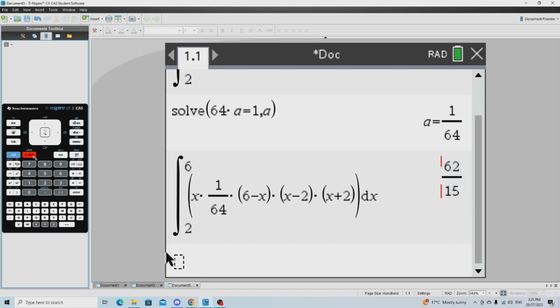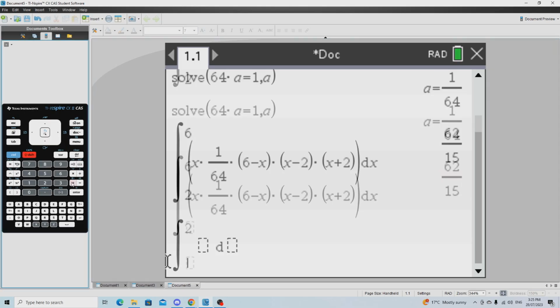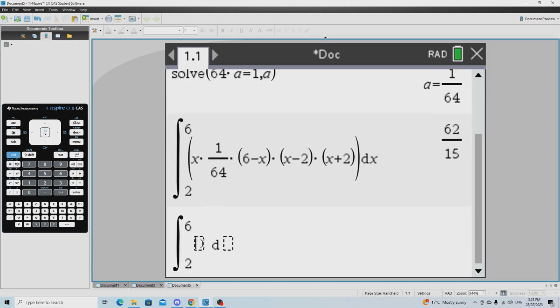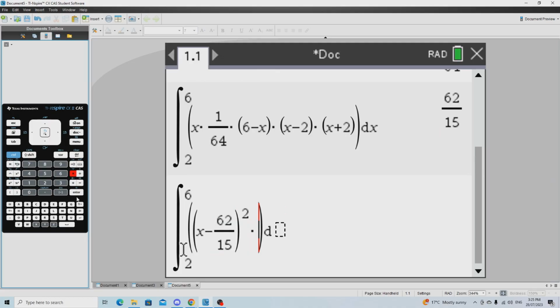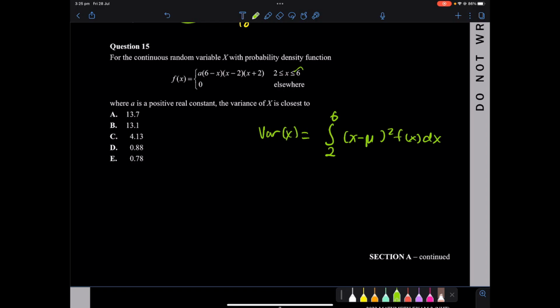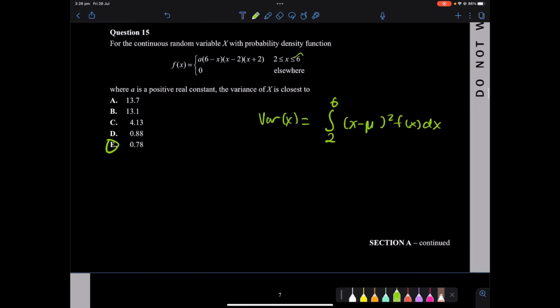Now going back to find the variance: it's the integral from 2 to 6 of x minus your mean value, squared, times f of x. If I put that in, comma x, we get this value, which if we simplify is 0.782. Okay, E is your answer. Is that right? Question 15E, yep, looks right.